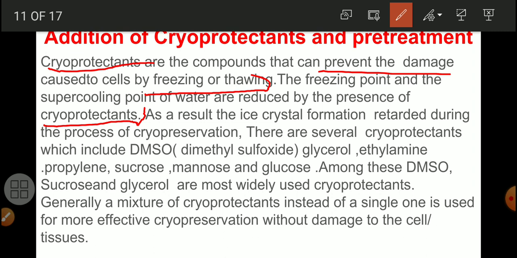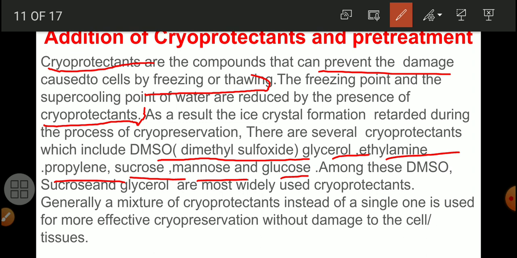There are several cryoprotectants which include DMSO, dimethyl sulfoxide, glycerol, ethylene amine, propylene, sucrose, mannose, glucose. These are the cryoprotectant chemicals used during the cryopreservation method to conserve the germplasm.